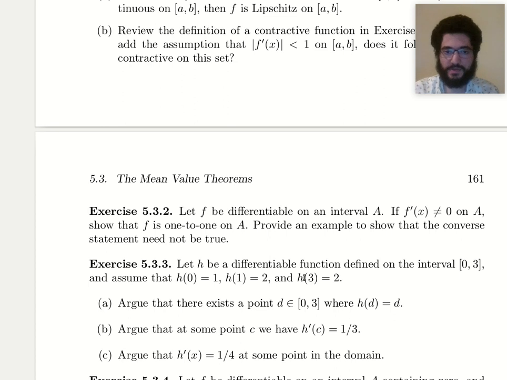Okay, so that previous exercise from Abbott that I showed you was about what you can say about the derivative of the inverse when you know the function is injective. And here's an exercise from page 161, which is more like the inverse function theorem in spirit. This one has you assume that the derivative is an invertible linear map.